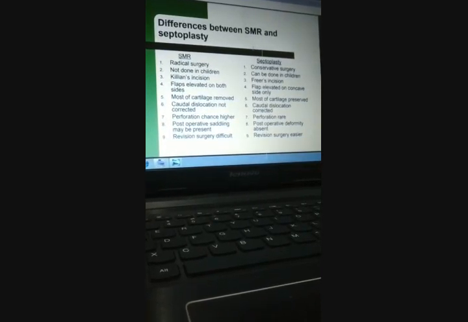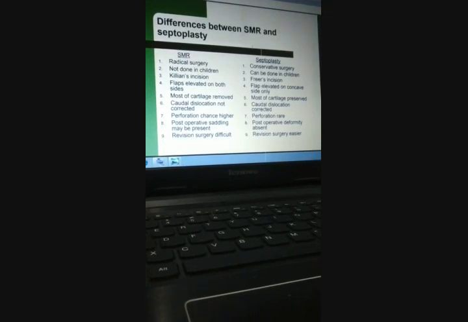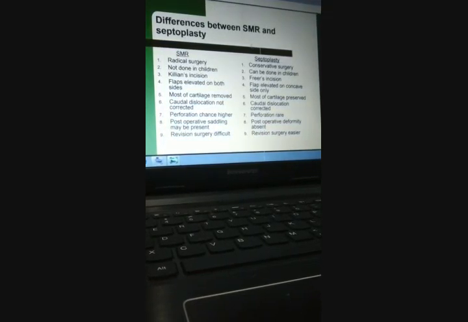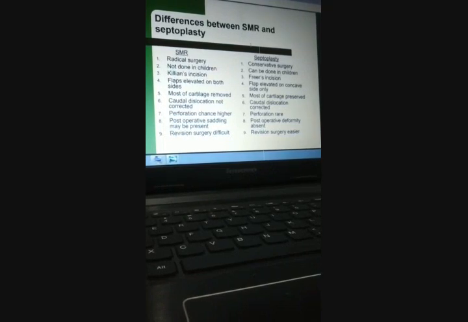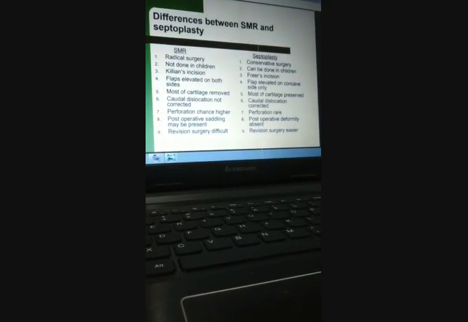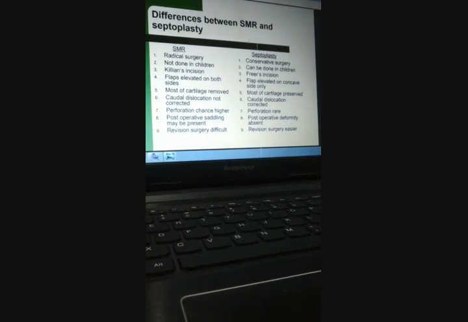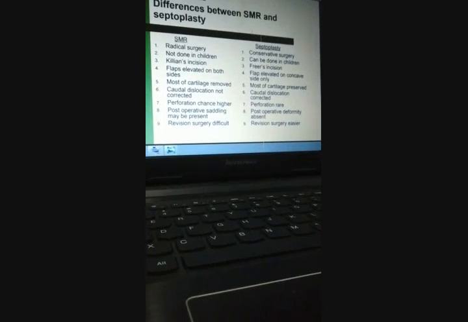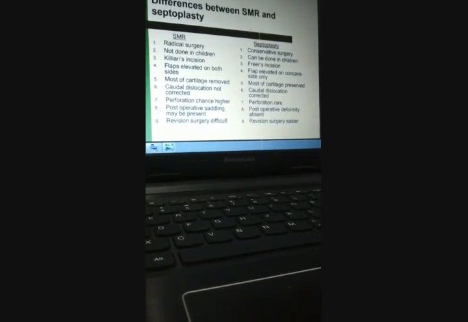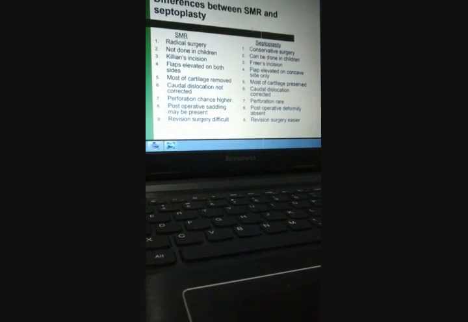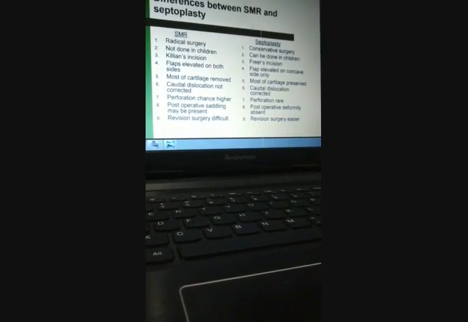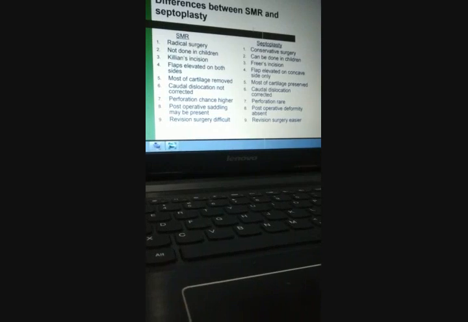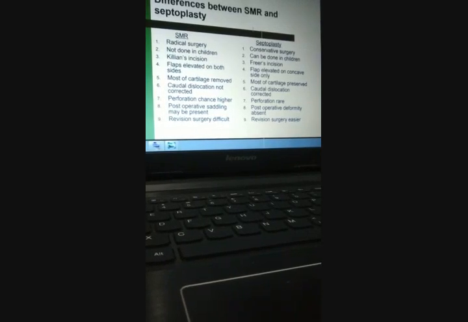Perforation of the septum, there is higher chance in SMR operation, while the perforation is rare in septoplasty operation. Post-operative saddling may be present in SMR operation, but less or absent in case of septoplasty operation.